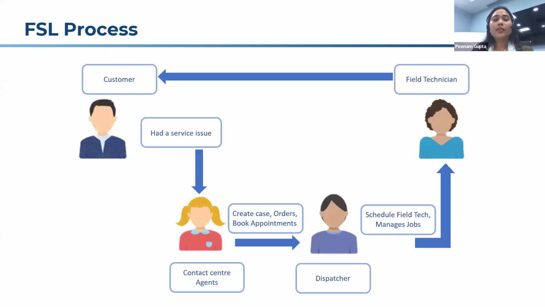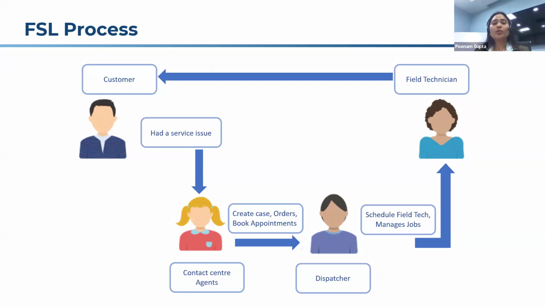Let's understand the field service level process with some examples. For example, a customer is facing an issue or wants to install a router at their home. So the customer raises the issue via phone, via website, or any communication channel.